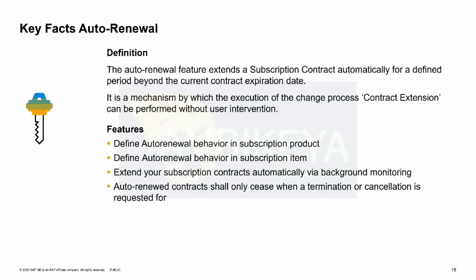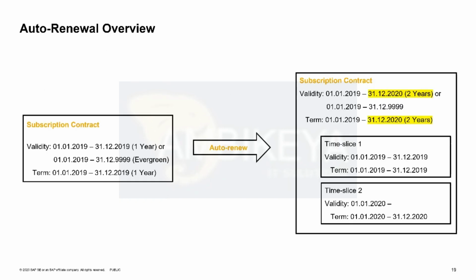When we now look at contracts, we have two cases to look at. The one is a contract with an end date, and the other one is a contract without an end date, which we more or less call evergreen. Contracts without end dates more or less run until you really stop them.